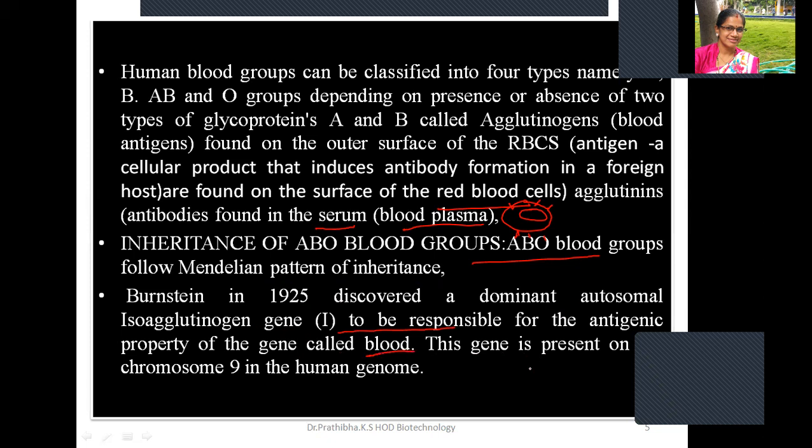This gene is present on chromosome number 9 in the human genome. Of the set of chromosomes in a human being, the ninth chromosome is responsible for the determination of our particular blood group, A, B, AB or O. That determination is possible through the presence of chromosome number 9.